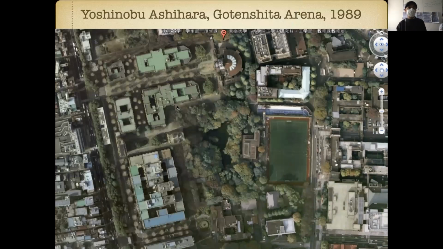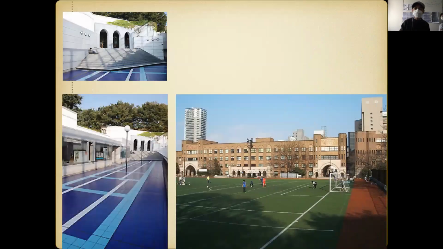Well, Yoshino Ashihara is an interesting guy. He did many buildings, and one of those is the sports grounds, right? Curiously, in the same area of the horse riding place, of the samurai place. So he did, again, he went underground to avoid changing the profile of the university, and he just replicated the elements of the exterior inside and then did something new.